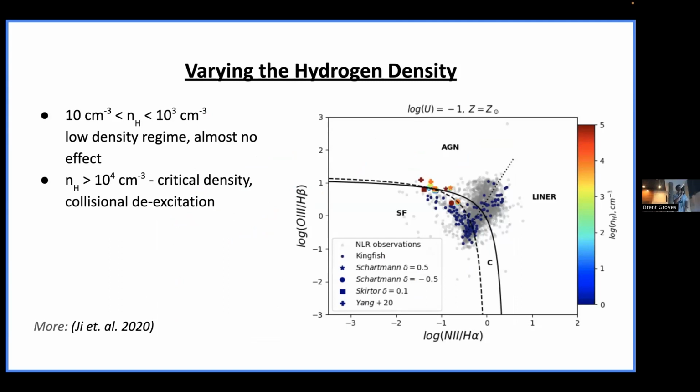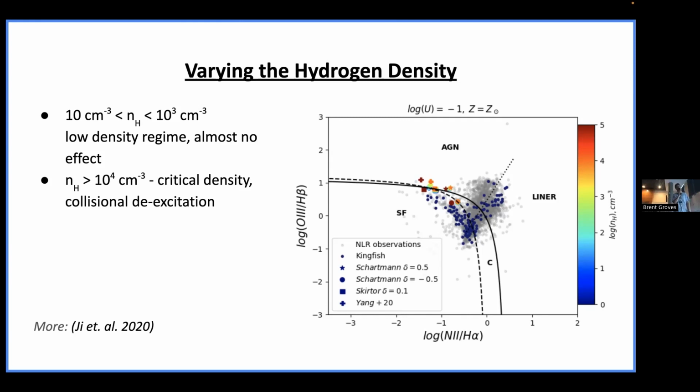cubic centimeter. The good thing is that there is a paper that analyzed all this, and the results actually correlate with our plot. They say that if we have a low density regime, then there is no effect on the BPT diagram.